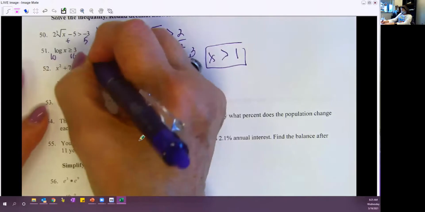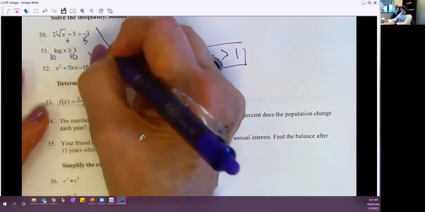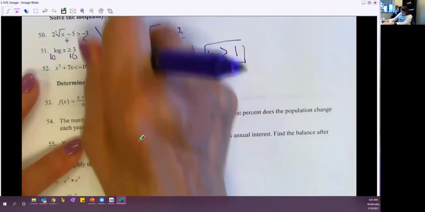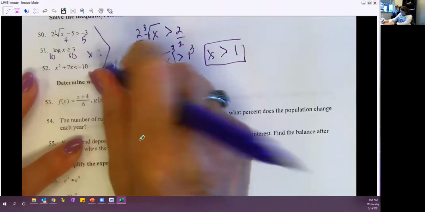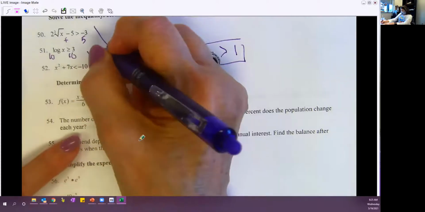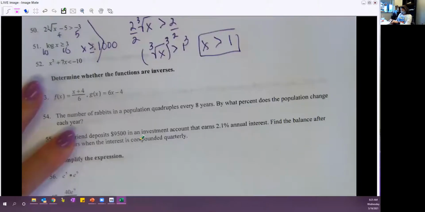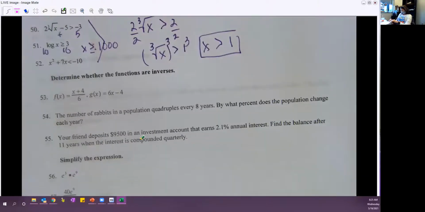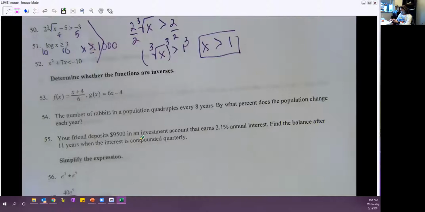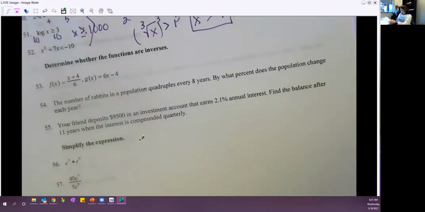So we get x is greater than or equal to 10 to the third, which is 1,000. Still don't know why they're saying round the numbers. Too many pages.